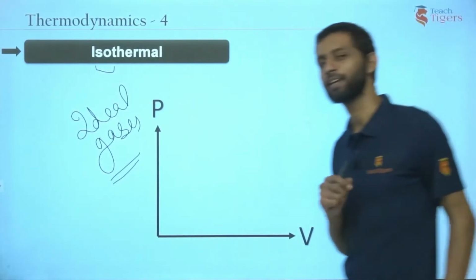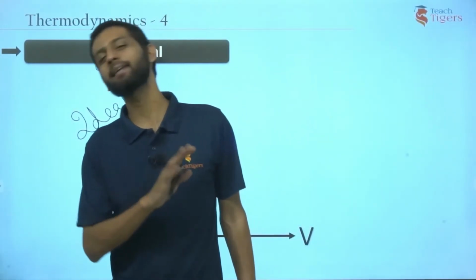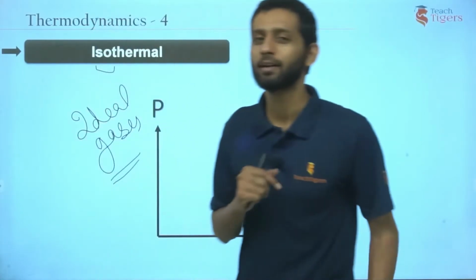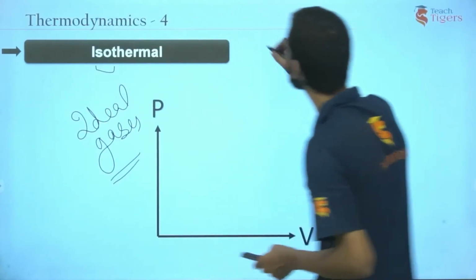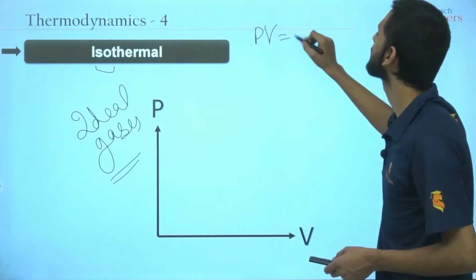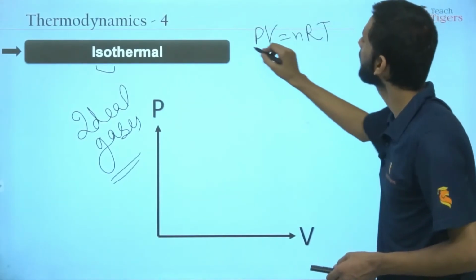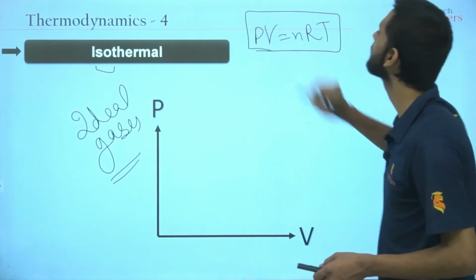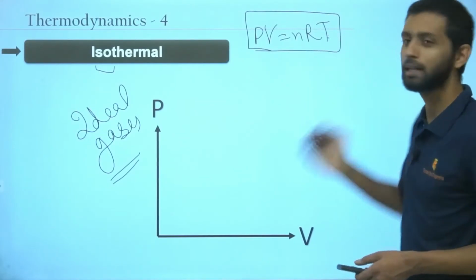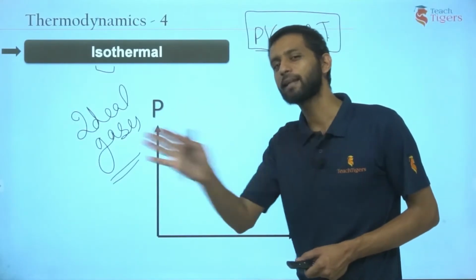All right. Ideal gas law. What does it look like? Ideal gas law looks like PV equals nRT. And in this law, if you keep temperature constant, then take a look at it, the right hand side is constant.